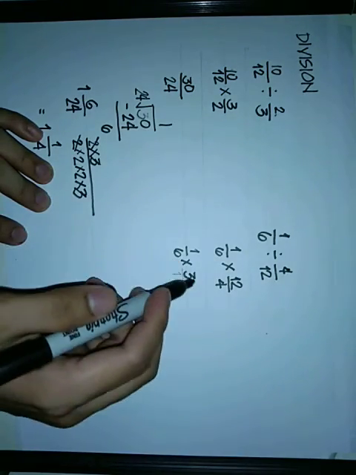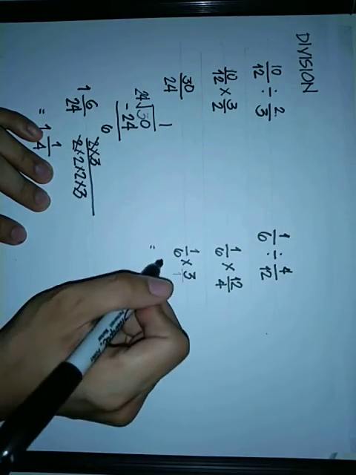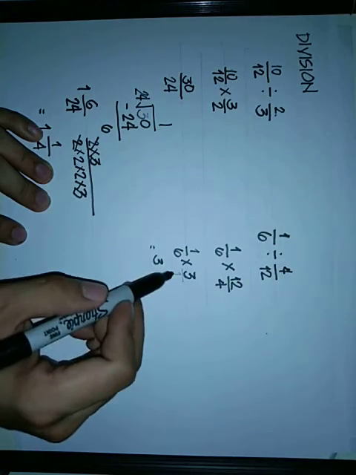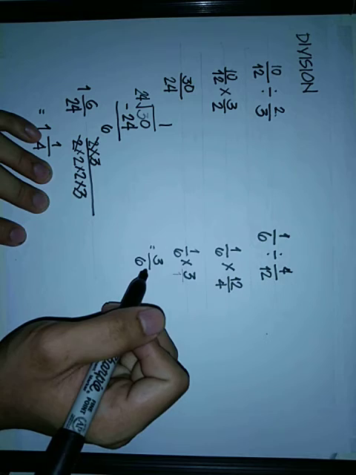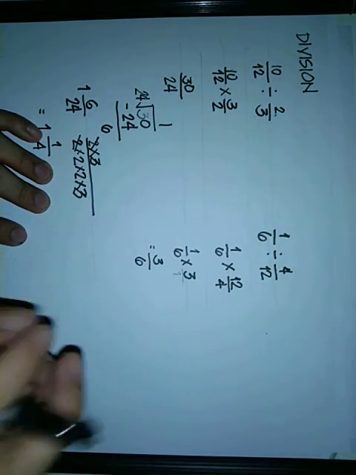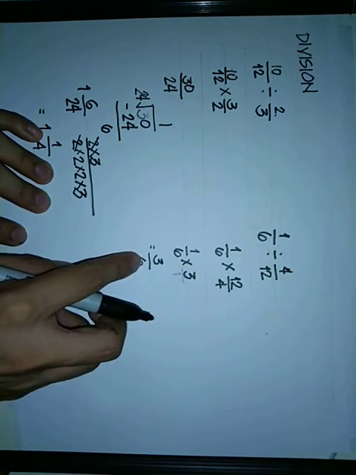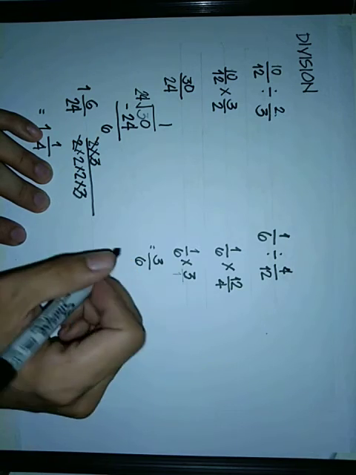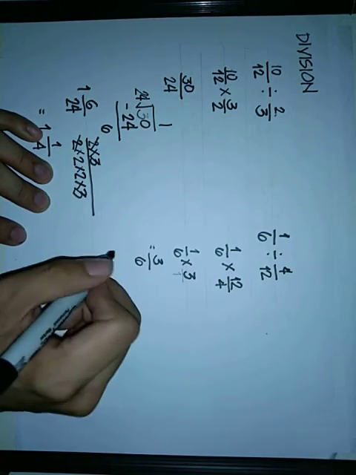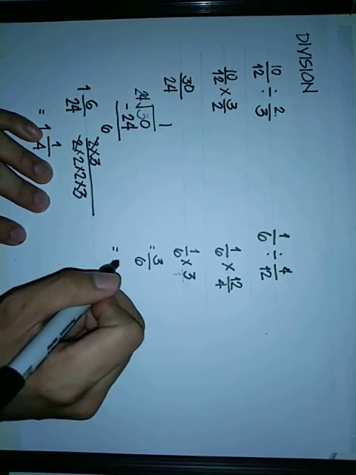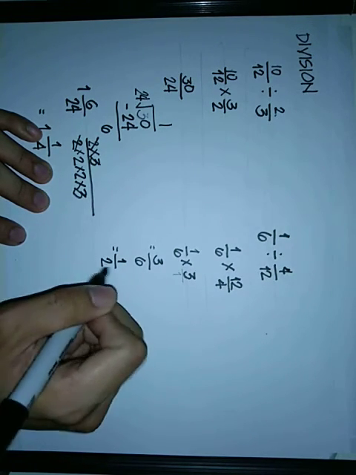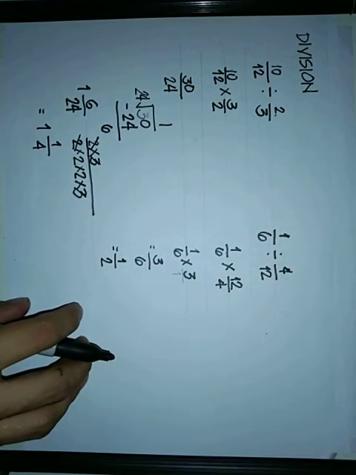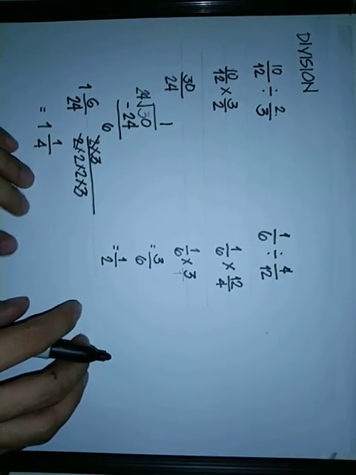So we will have 1 times 3 is equal to 3, and then we have 6 times 1 is 6, and that's how you do it. Pero we can still simplify this. 3/6, we can divide this by 3 kasi factors nila, and then we will have only 1/2 as its final answer. So yun yung isang method.